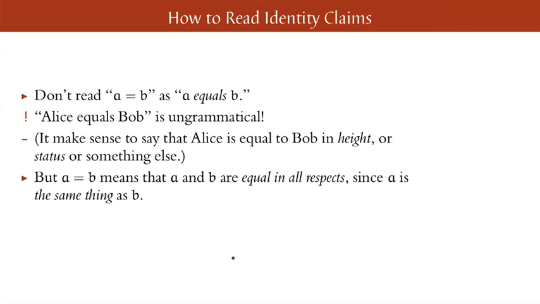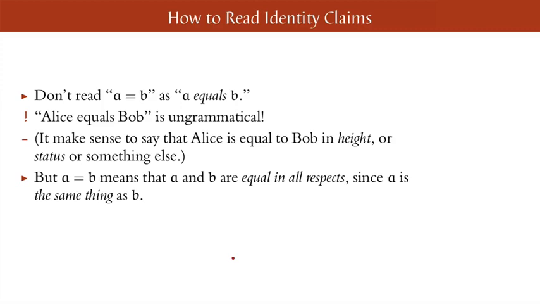In spite of the obvious temptation coming from elementary mathematics, we do not read A is identical to B as A equals B. If we insert names of people like Alice equals Bob, then the result is grammatical nonsense. In mathematics, the objects are numbers or more general mathematical entities, and identity is equality.